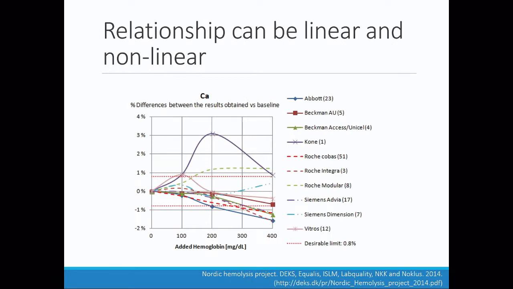As I said, this relationship can be either linear or non-linear. For example, calcium can be affected in a linear negative fashion on some assays and some instruments, and in a non-linear fashion on some other instruments. So it is very important to know what type of interference is occurring in my particular assay and on my particular instrument.